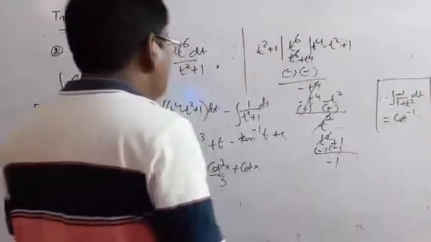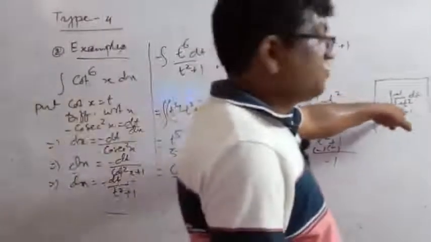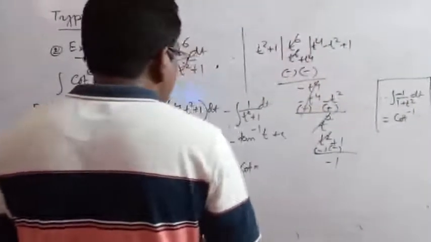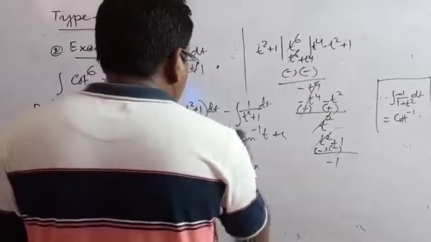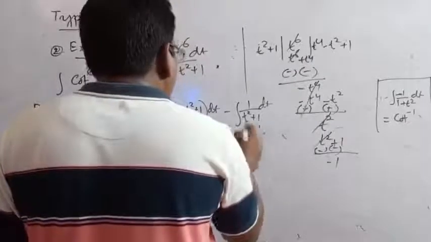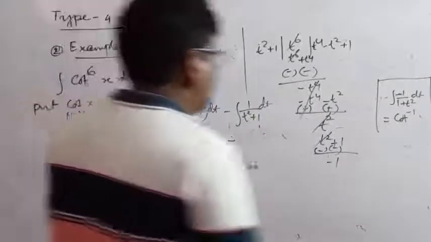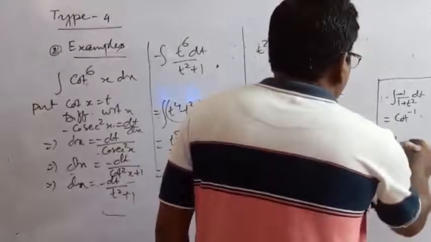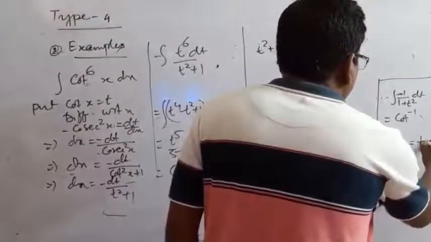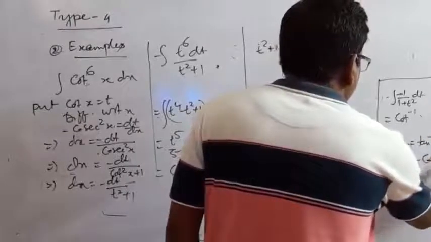This can also be written as minus of integration of 1 by 1 plus t square, which is equal to tan inverse t or minus cot inverse t plus c.